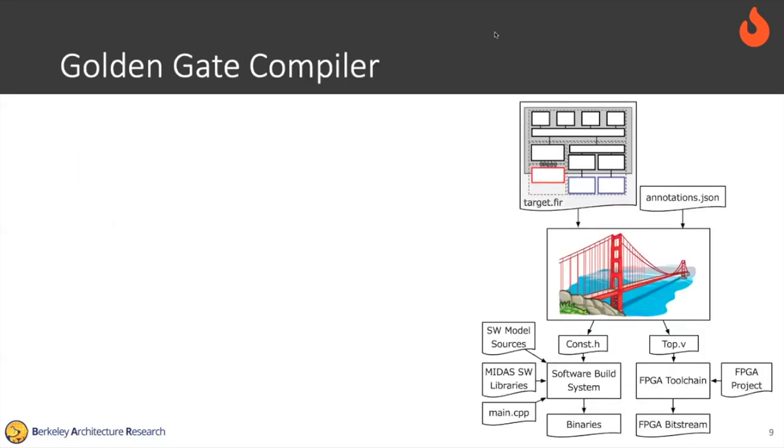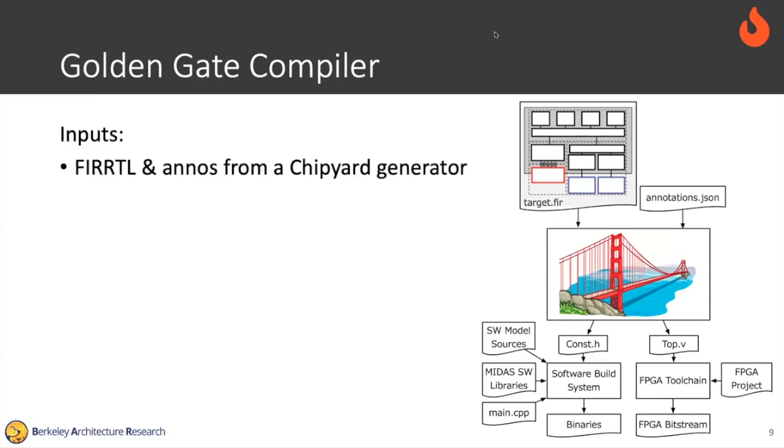The Golden Gate compiler is basically just a way that you take your target FIRRTL and some extra metadata and then dump out a bunch of extra information. So it has things like the FIRRTL and annotations from a Chipyard generator. It doesn't necessarily have to be Chipyard, but for the most part, it is Chipyard. The FIRRTL is the target design that you're intending, the 28 BOOM core example, for example, and then annotations are specific pieces of metadata from Chipyard indicating what the design is.